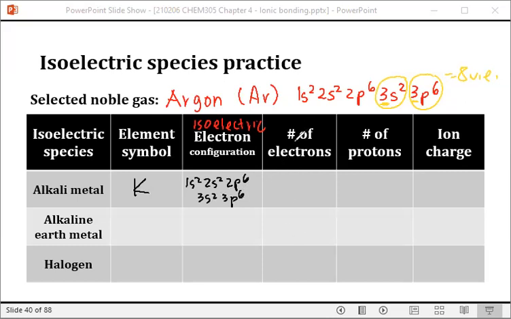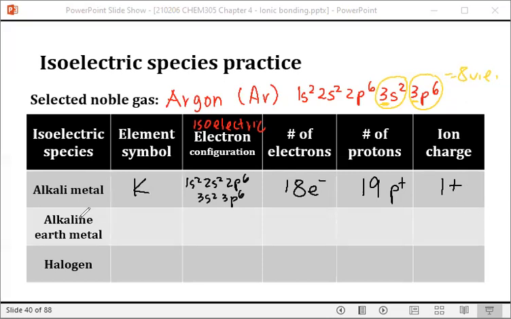So the number of electrons that potassium has is 2, 4, 10, 12, 18 total. The number of protons that potassium has is 19. So if you take positive 19 plus negative 18, because there's 18 electrons and they each have a charge of -1, positive 19 plus negative 18 equals 1 plus.